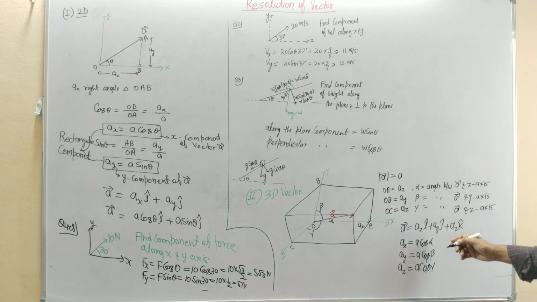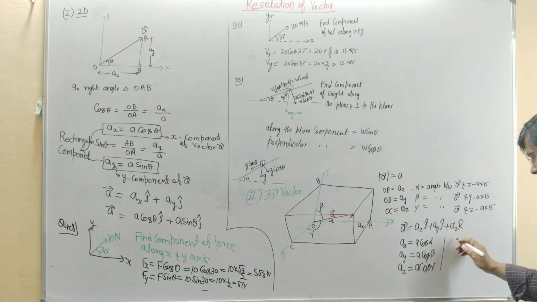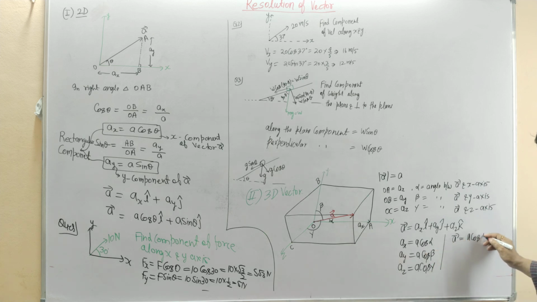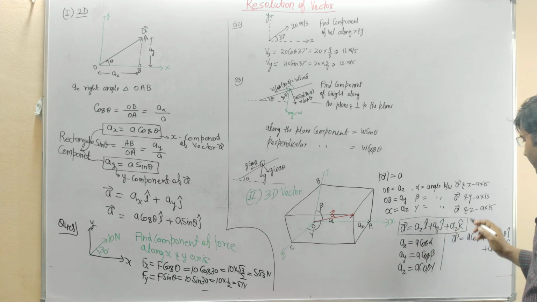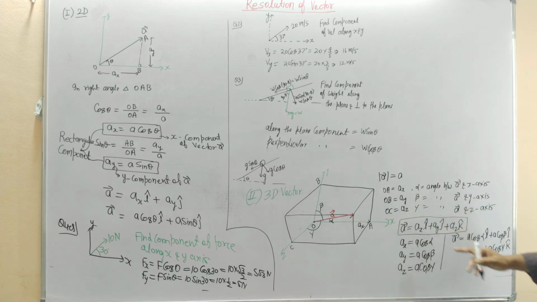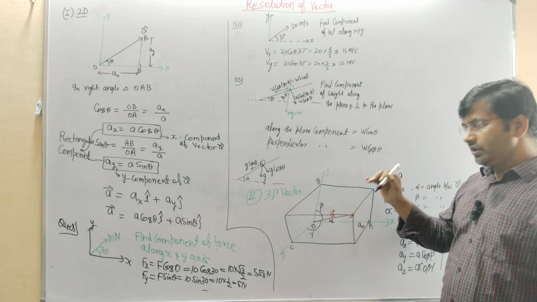Now we can write vector A in terms of this also: A cos alpha i cap, A cos beta j cap plus A cos gamma k cap. So this is how we will write the vector, and this is important. Now the values of AX, AY, AZ we can calculate here. Alpha, beta, gamma are the angles between vector A and the x axis, y axis, and z axis.